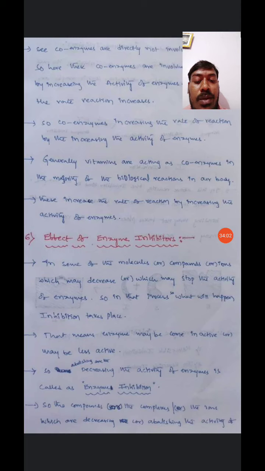Abolishing or decreasing the activity of enzymes is called enzyme inhibition.